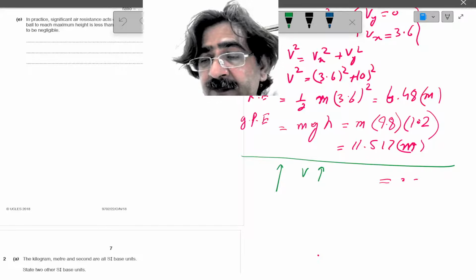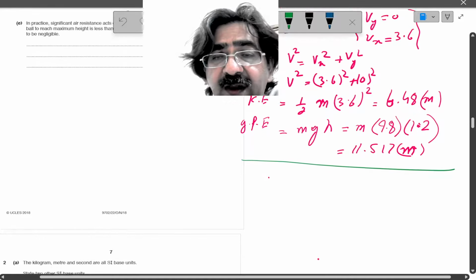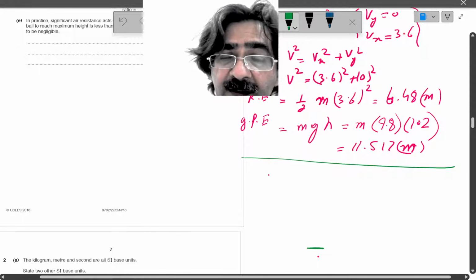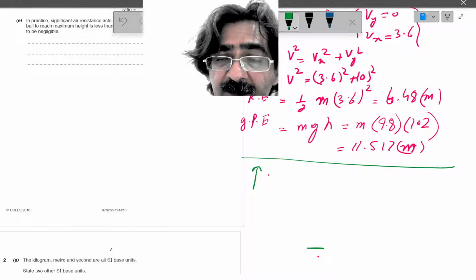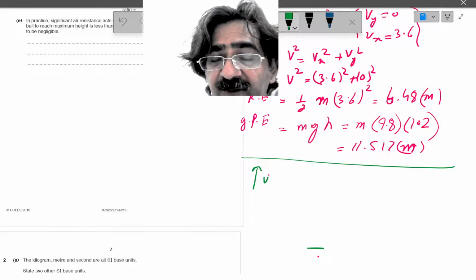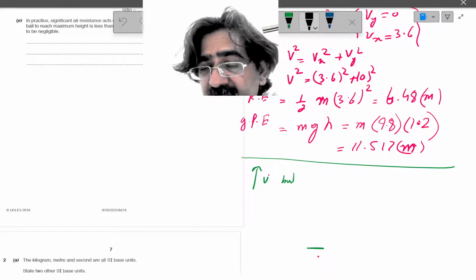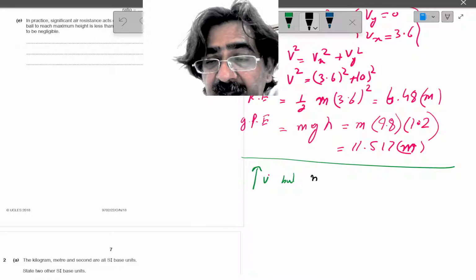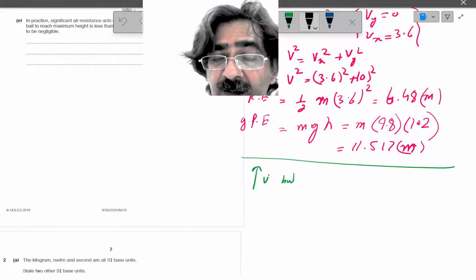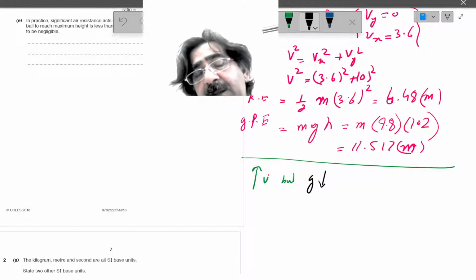Sorry, I must write this again. When the ball is moving upward, the velocity will be upward, but the acceleration will be due to gravity, mg, which is downward, opposite to the velocity.